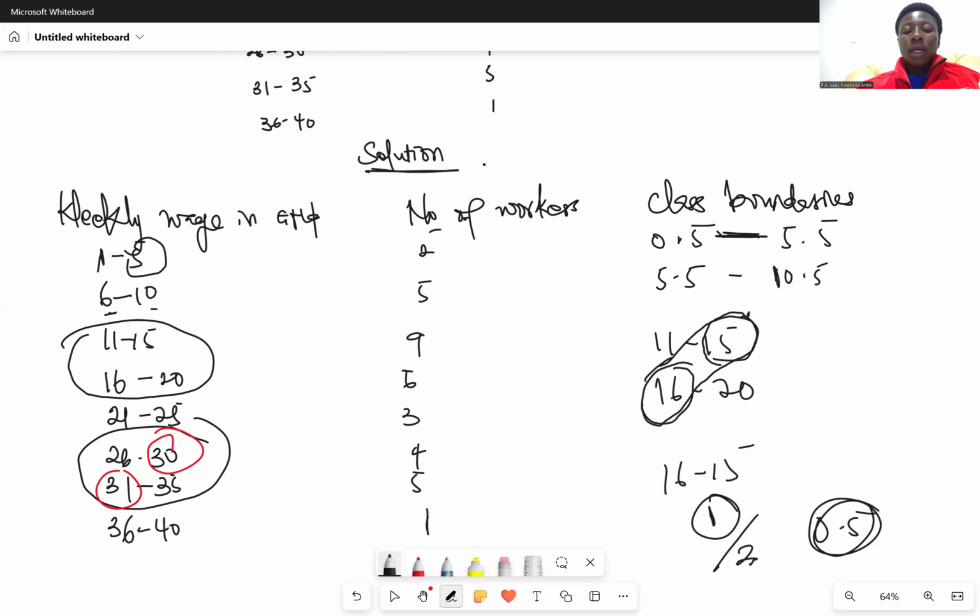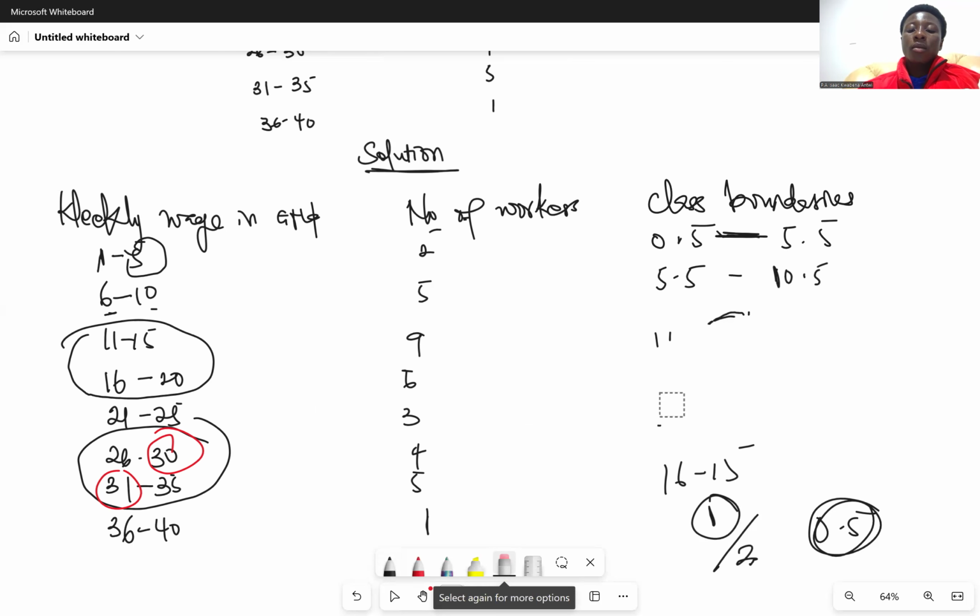Then you have 11, so you subtract 0.5 from that. 11 minus 0.5, that's what? Your calculators are now 14. You people, I don't know what's wrong with you. It's 10.5 to 15.5.